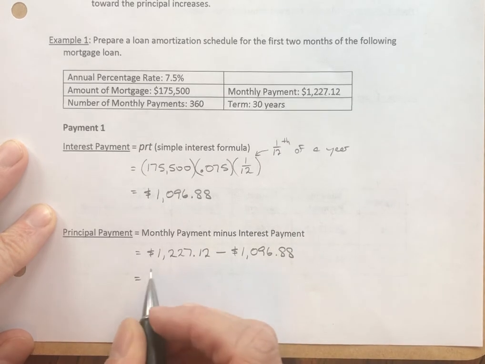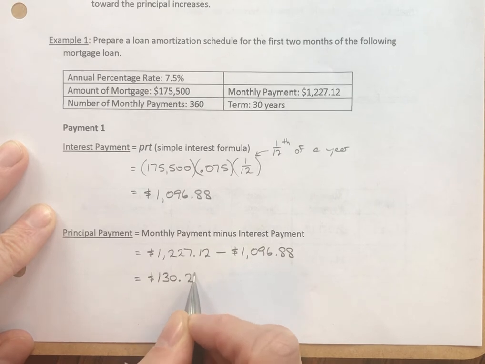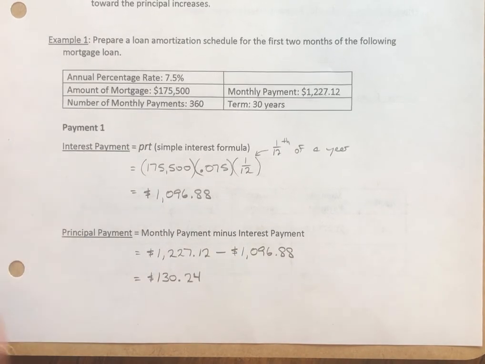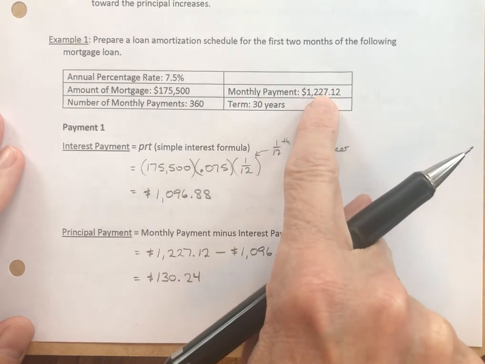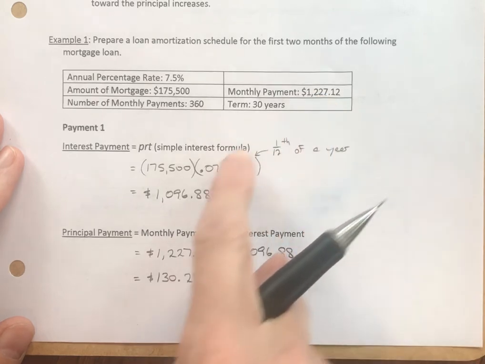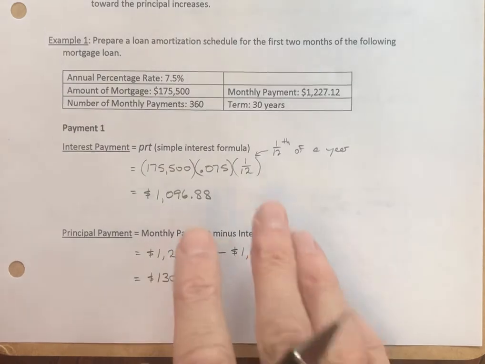We do the math here, and $130.24 goes to pay off the loan in that first payment. The vast majority of the first payment of $1,227 is going to the bank. Just a little bit is going to pay off the loan.